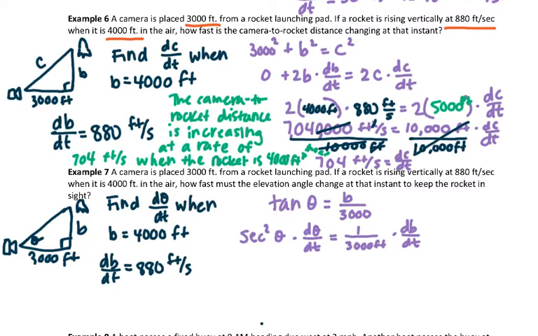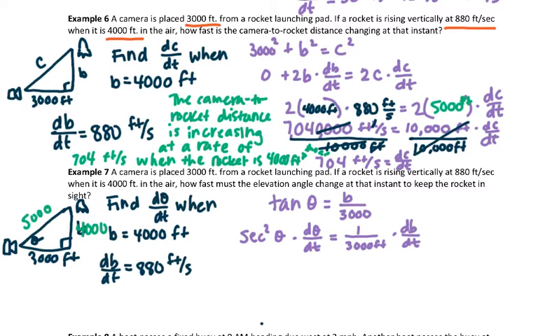So remember previously, we can plug in the 4,000 after we do the derivative. So if we think of this as 4,000, and we know that this one's 3,000, I'm going to need the hypotenuse for secant, so we've got to remember this would be 5,000. So secant is 1 over cosine, so instead of adjacent over hypotenuse, it's hypotenuse over adjacent.